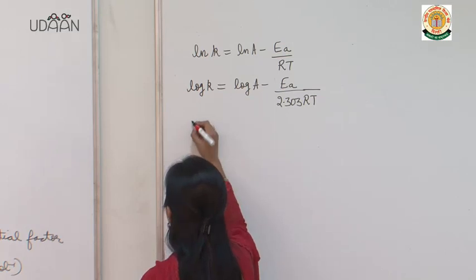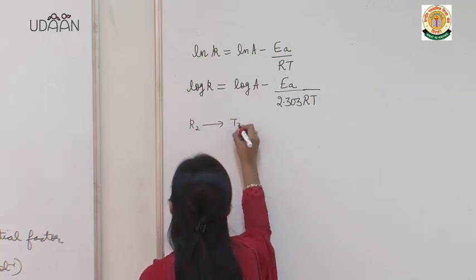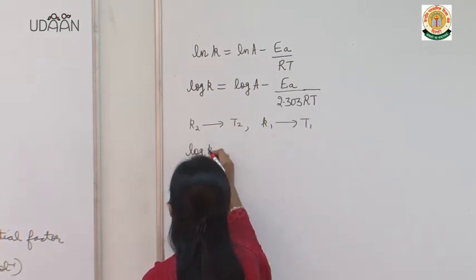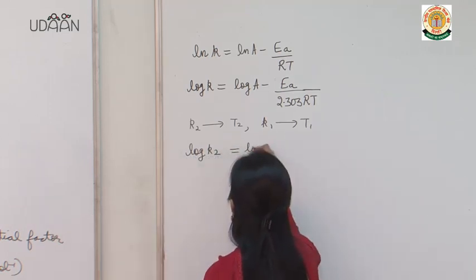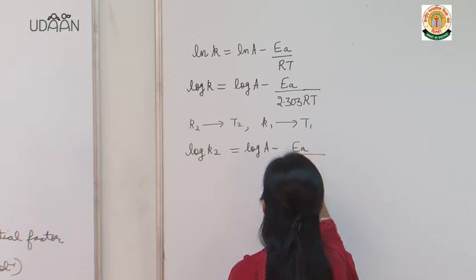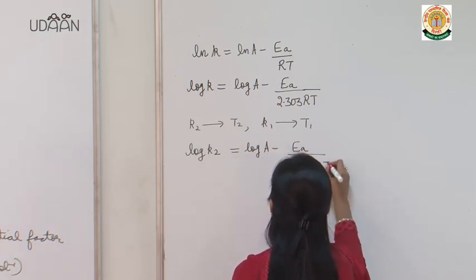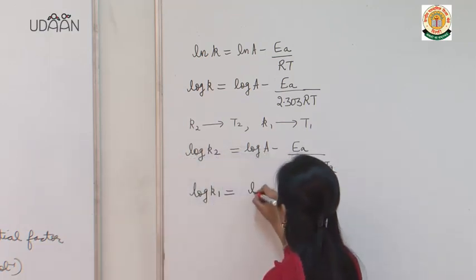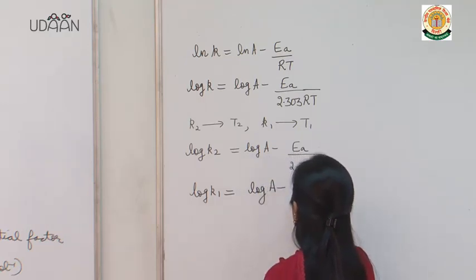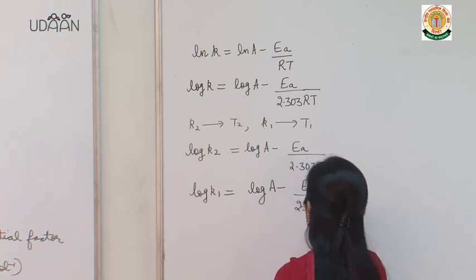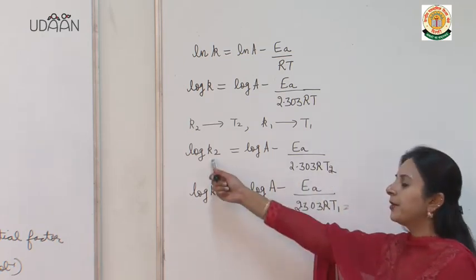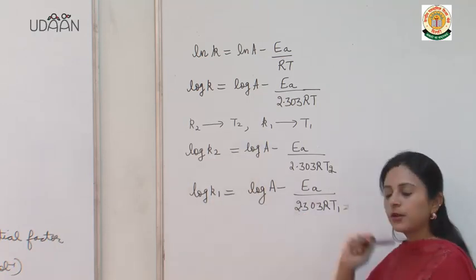Now, if I say that the rate constant is k2 at a temperature T2 and k1 at a temperature T1, so I can write log k2 = log A - Ea/(2.303 RT2) and log k1 = log A - Ea/(2.303 RT1), because at the temperature T2 the rate constant is k2, at the temperature T1 the rate constant is k1.